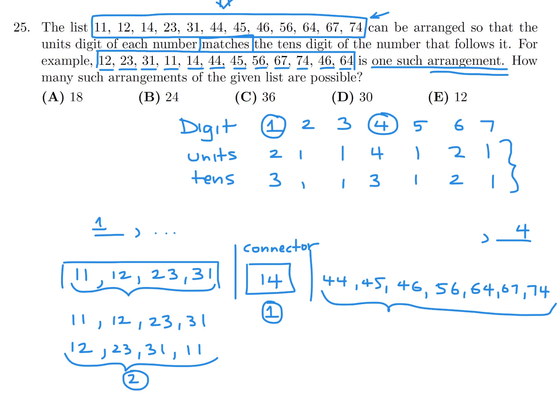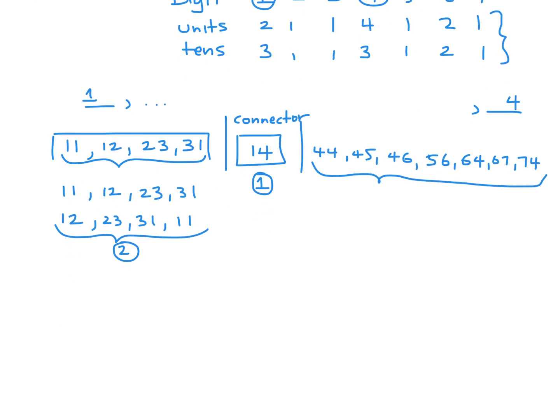Now we turn our attention to the big group. That big group, we know for sure that it starts with a 4, because this ended with a 4. So we got a 4 there.